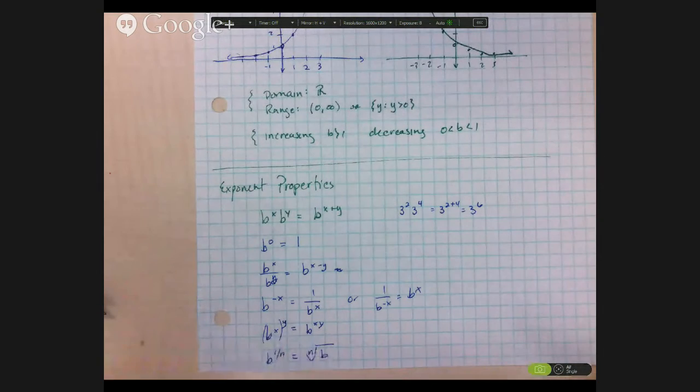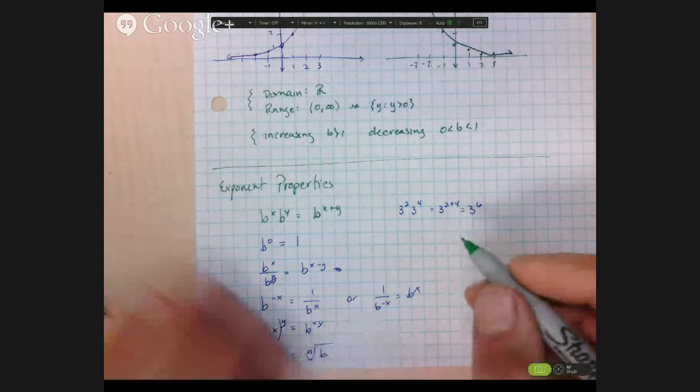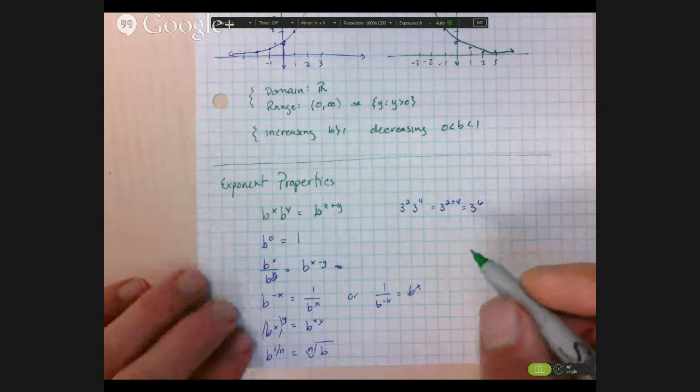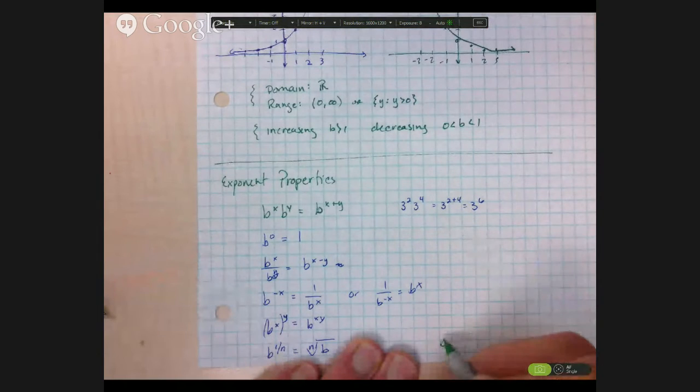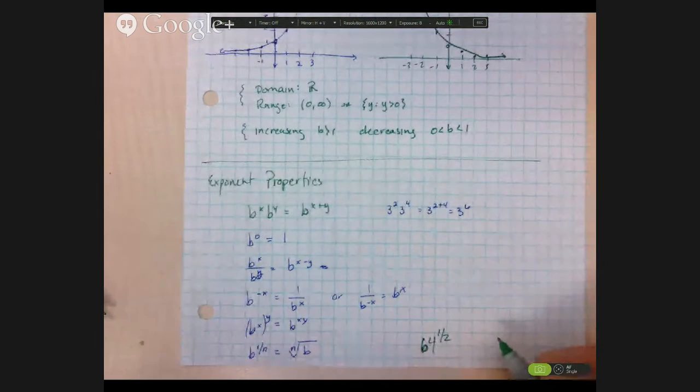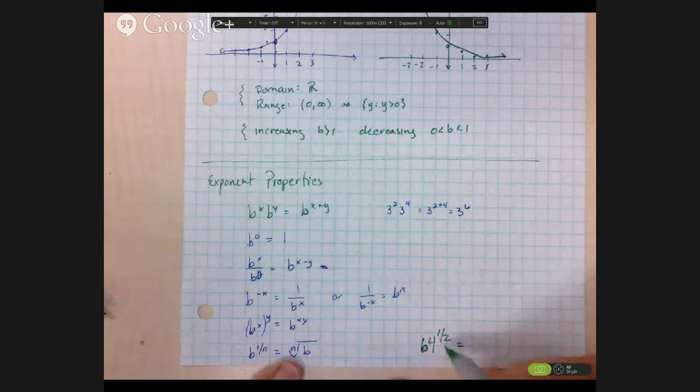If you want examples of all these, I think that one's good. Let's just do one here. Let's say this is 64 to the 1/2 power. Okay, that's the same as, see, this is their n, right?